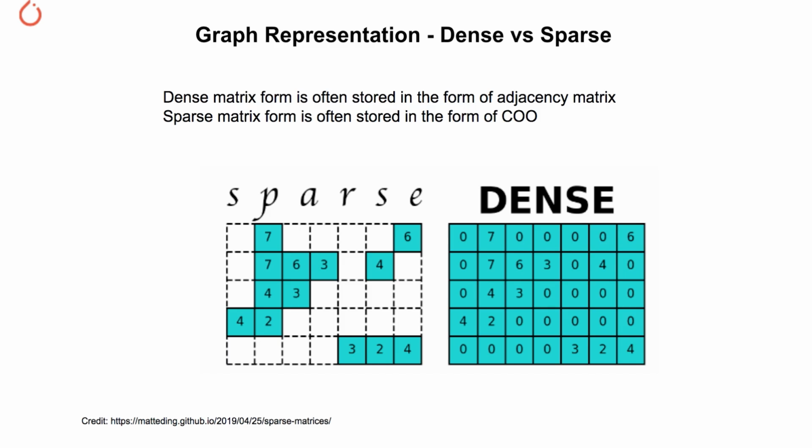Sparse means my matrix is very sparse, so please store it in a more space efficient way, in this case in a COO format. And dense means I don't really care to be space efficient, so just store it as a list of lists, which is the adjacency matrix. So that's that.